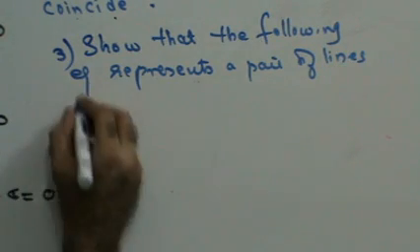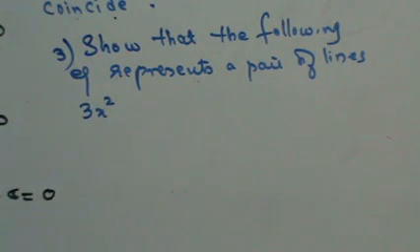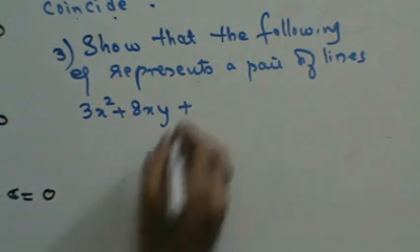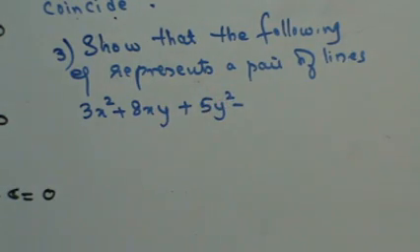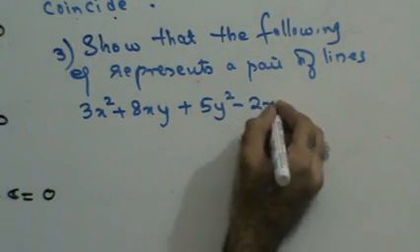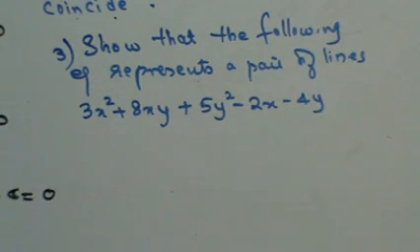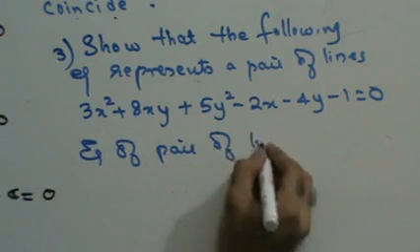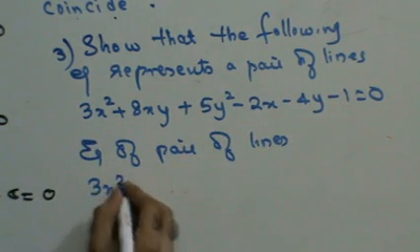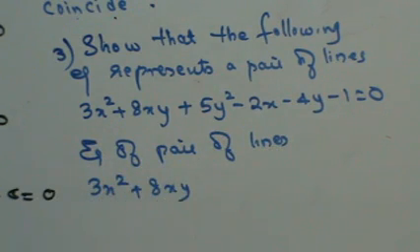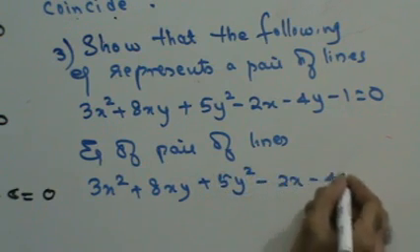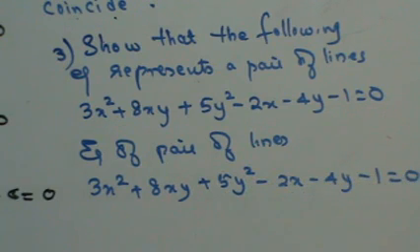The equation is given to you as 3x square plus 8xy plus 5y square minus 2x minus 4y minus 1 is 0, right? Equation of pair of lines is given to you as 3x square plus 8xy plus 5y square minus 2x minus 4y minus 1 is 0, right?